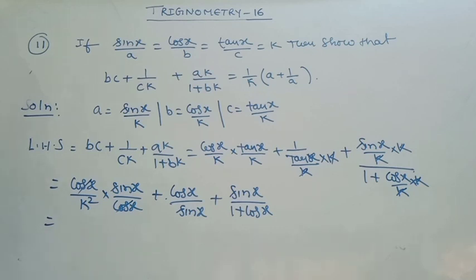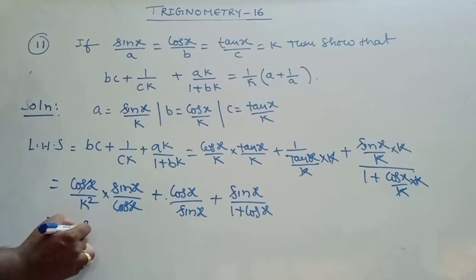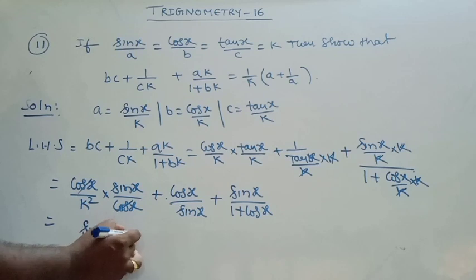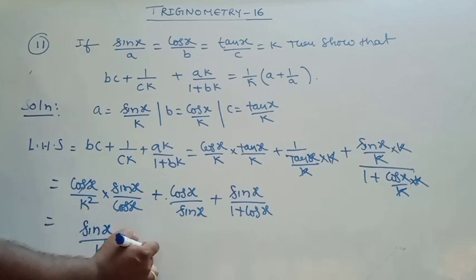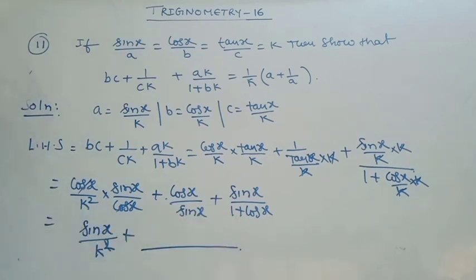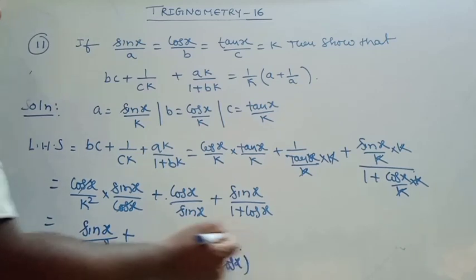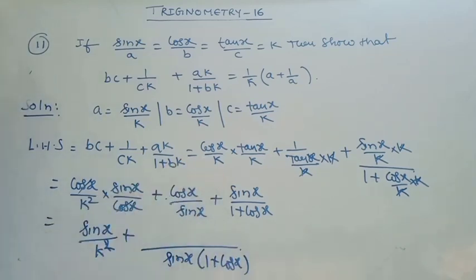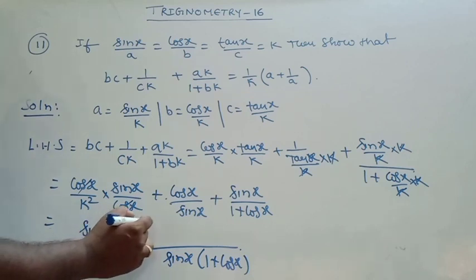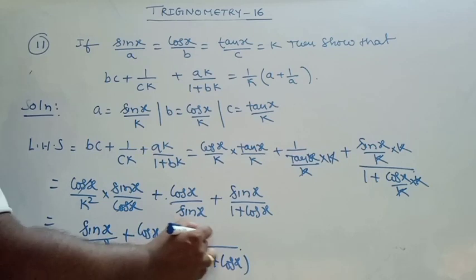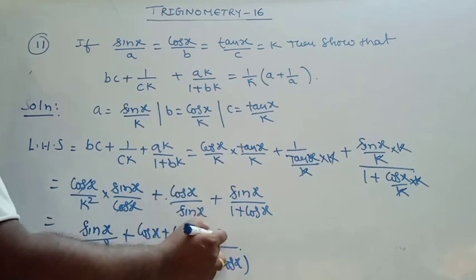Now let us try to simplify this. So actually we have here sin x by k square plus, and let us take the LCM. The LCM is sin x into 1 plus cos x. Then what you will have is cos x into 1 plus cos x, that becomes cos x plus cos square x, plus sin x into sin x, that is sin square x.